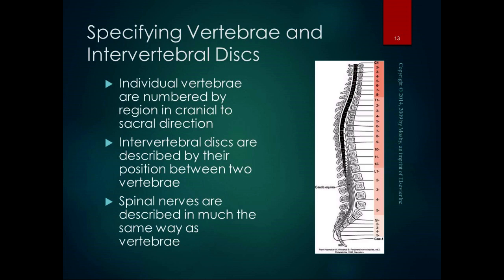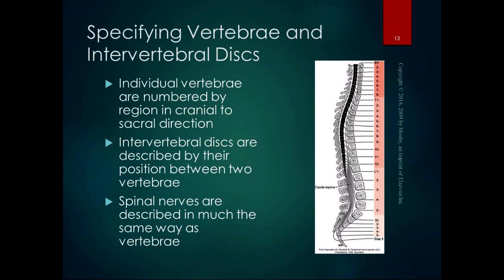So the intervertebral discs are described by their position between two vertebrae. So the disc between C4 and C5 is the C4-C5 disc. The disc between T12 and L1 is the T12-L1 disc. And the disc between L5 and the sacrum, or S1, is the L5-S1 disc.